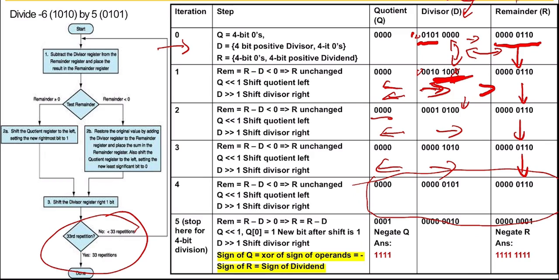When this happens, you are going to subtract. You're going to do R minus D. So in this case, you're going to do R minus D, which is 0 0 0 0 0 1 0 1.